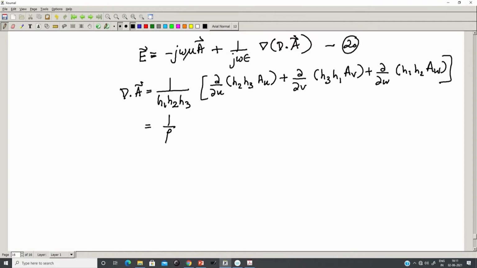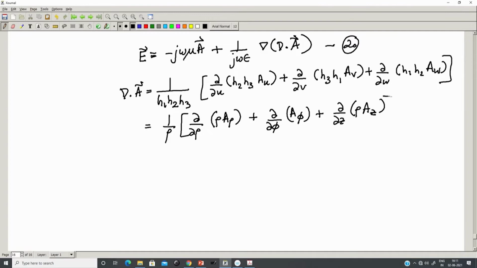That is equal to 1 by rho times del del rho of rho a rho, just substituting for h1, h2, h3 and u v w, plus del del phi of a phi, plus del del z of rho a z.